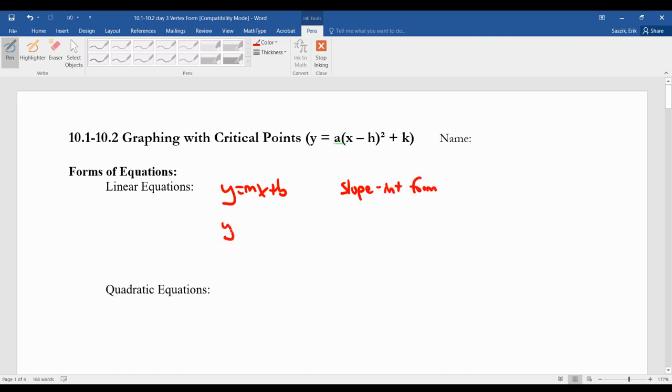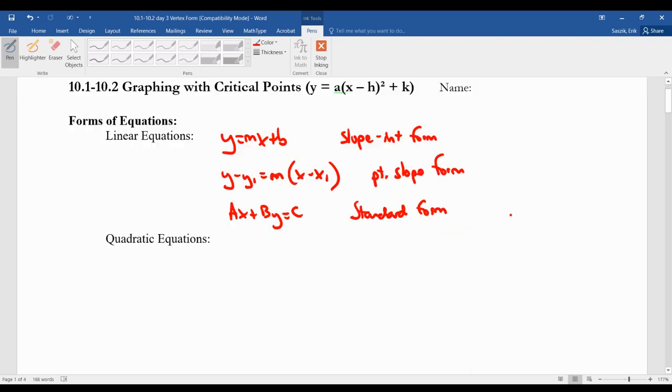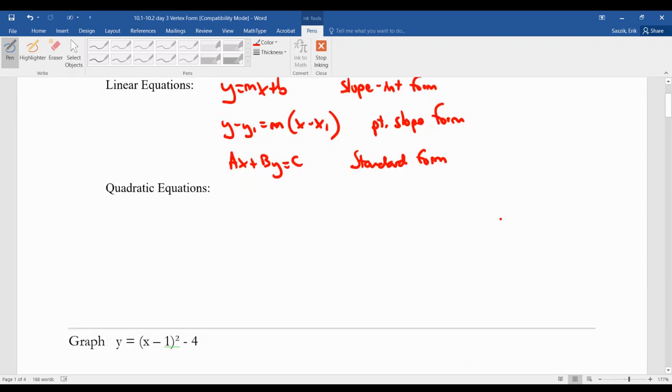We had y minus y sub 1 equals m times x minus x sub 1. That was called point slope form. And then we had ax plus by equals c. We didn't use that one that much, even though it was called standard form. My point is that there's different forms.